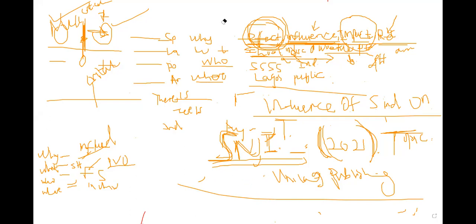Then we have the journal name, comma, then 22, then 4 in brackets. What does 22 mean? 22 means the volume of the journal. So you write the volume first, just the volume, then in brackets.